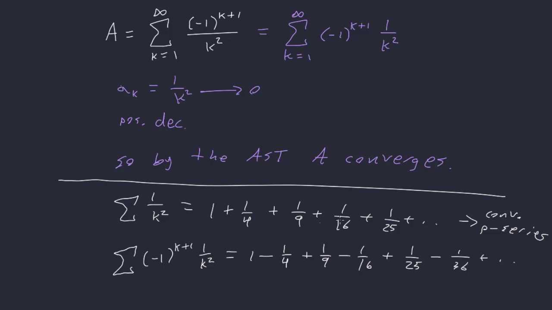So this one definitely converged. It's a convergent p-series, and this one will also converge because what we're doing is, instead of adding positive values over and over again, we're adding and then subtracting something smaller, then adding something smaller, then subtracting something even smaller, then adding something even smaller, then subtracting something even smaller.